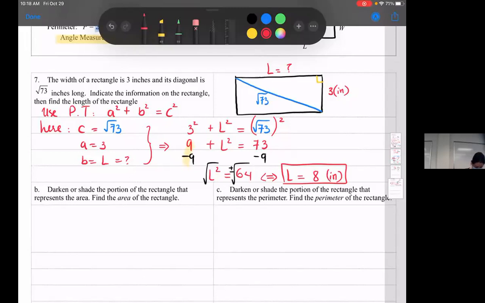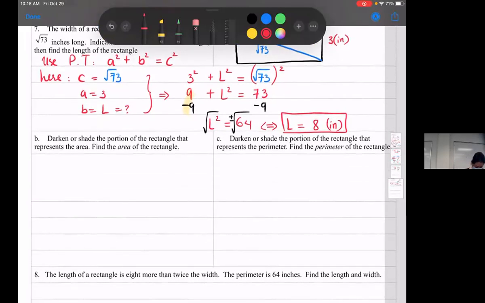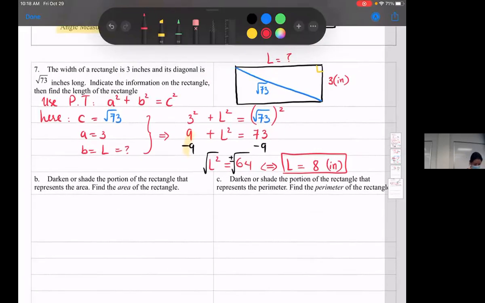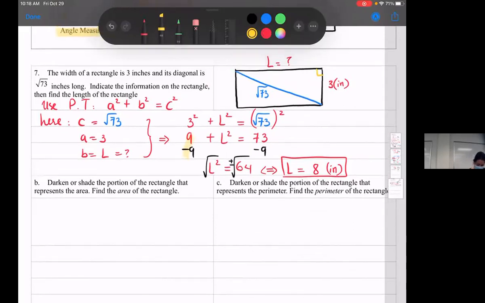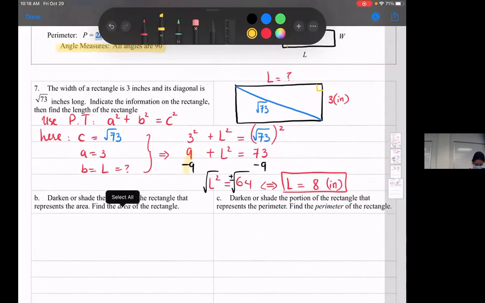Darken or shade the portion of the rectangle that represents the area. Find the area of a rectangle. So the area is, maybe I'll use green. The area is just everything inside the rectangle, right? It's 2D. That's the area. I shade it in green.